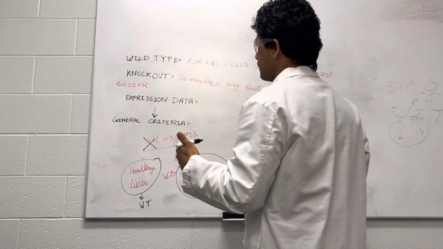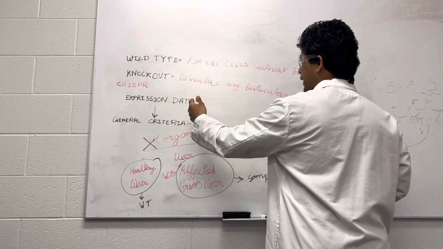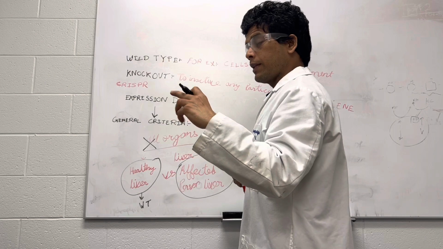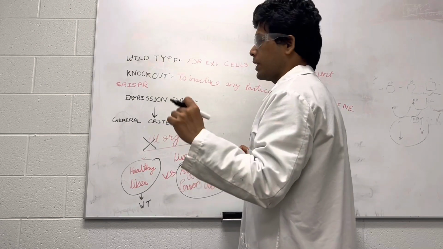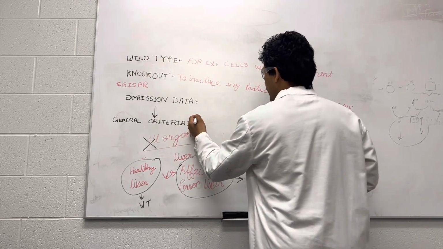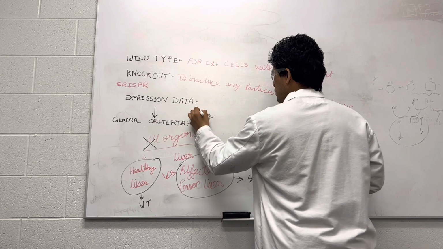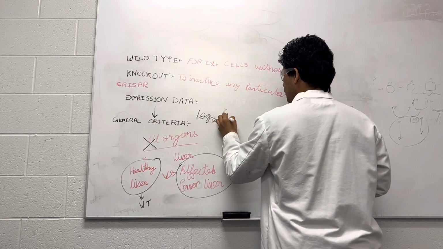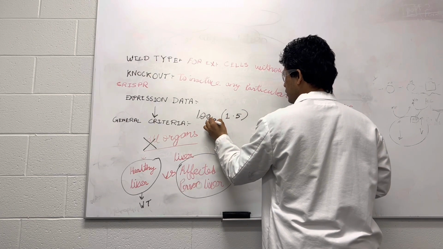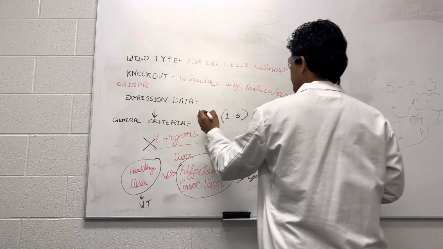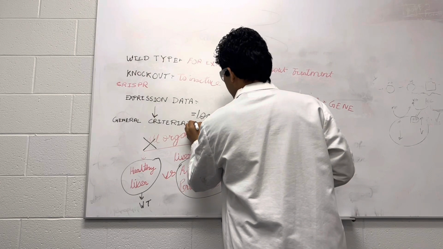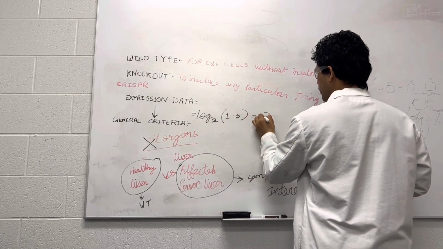And what is the general criterion that people usually use to consider that something is significantly upregulated or downregulated? The general criterion that people use is a log 2 fold change of at least 1.5.